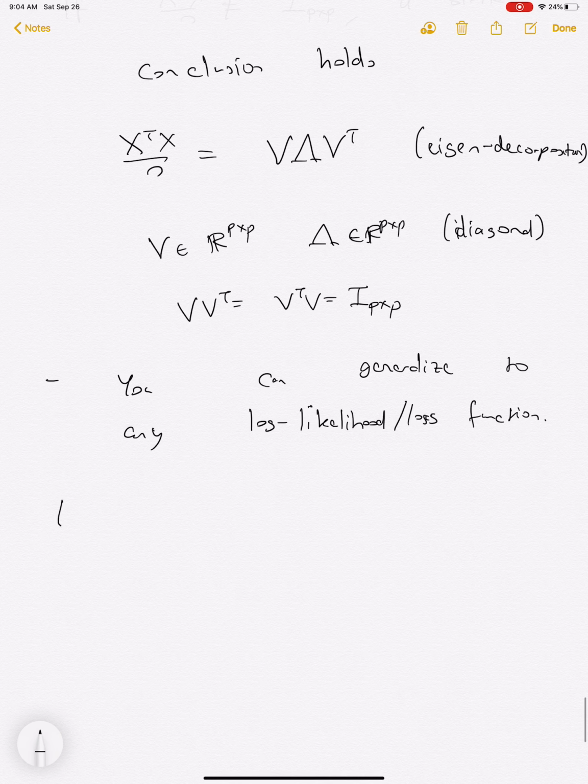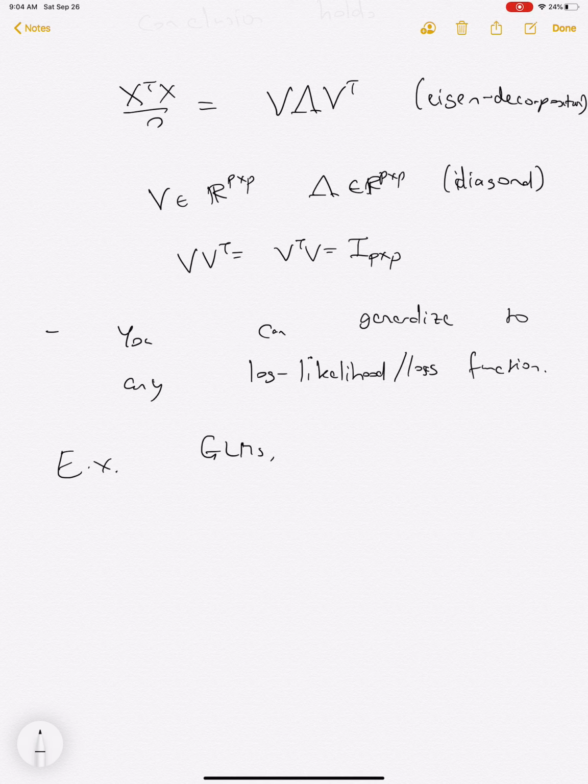If we think about GLMs, the likelihood objective part changes, and we just add the squared L2 penalty to this objective, and you can do that as well.